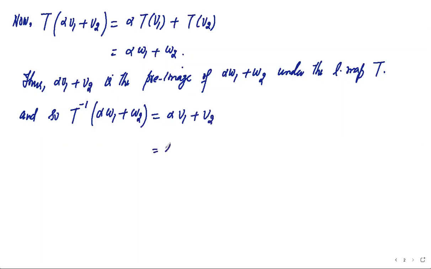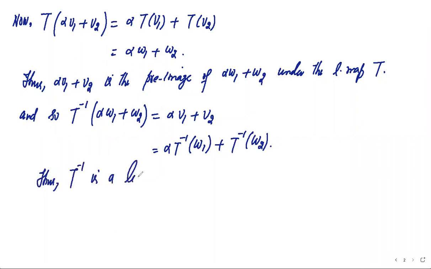But now this is equal to alpha times V1, and we know V1 is equal to T inverse of W1, and then plus V2, which is equal to T inverse of W2, and the proof is complete. So thus, T inverse is a linear map. ठीक है?